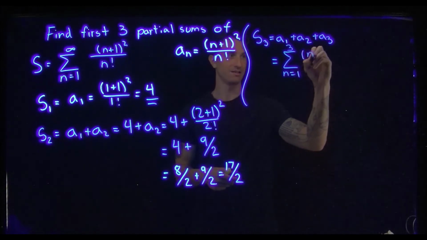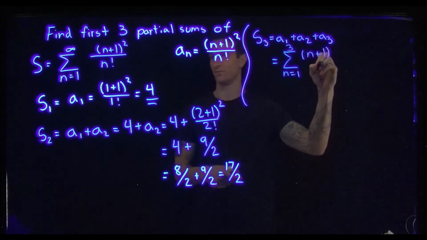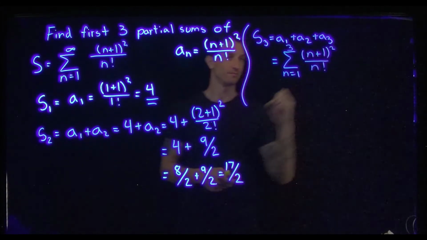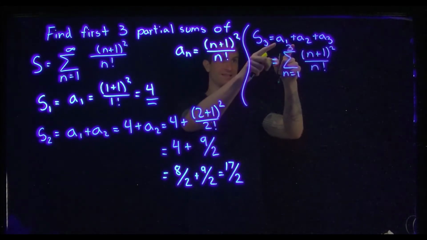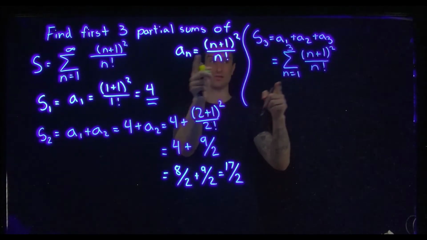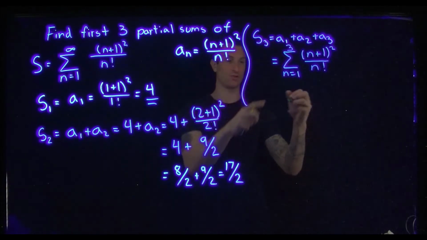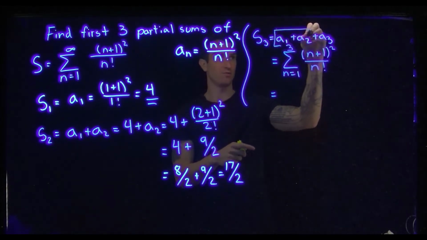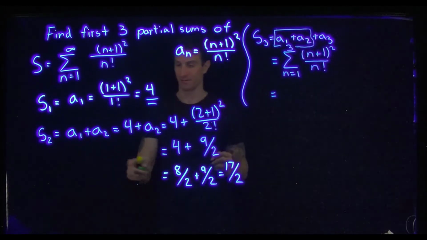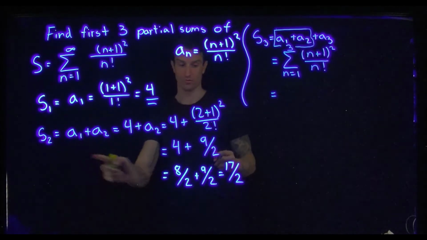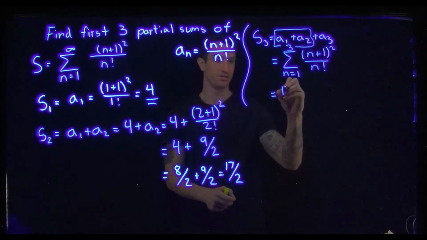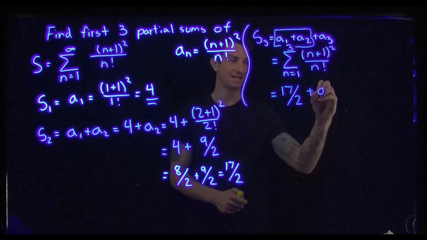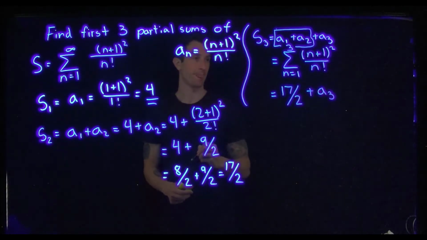That's exactly the same thing, I'm just writing it the other way. We're taking our first term, adding it to our second one, adding it to our third one. The good news is, we already have A1 plus A2 from our previous partial sum, which we know to be 17 over 2. So part of our work is already done, and now I just need to add A3.